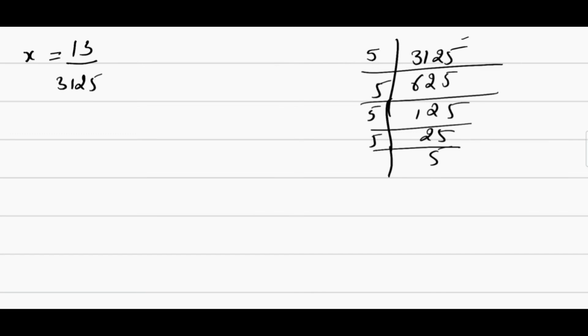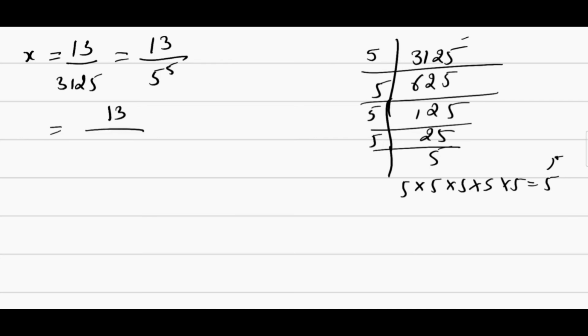So I can write this as 5 into 5 into 5 into 5 into 5, which is equal to 5 raised to power 5. So I can write this as 13 divided by 5 raised to power 5. Here I can add 2 also: 13 divided by 5 raised to power 5 into 2 into 2.